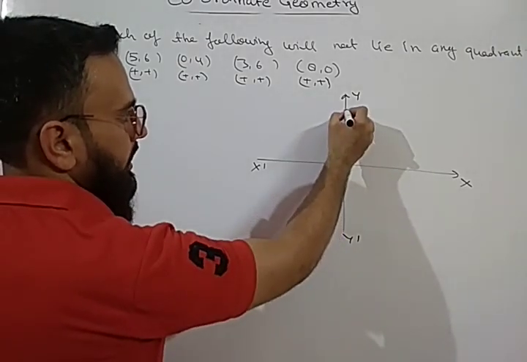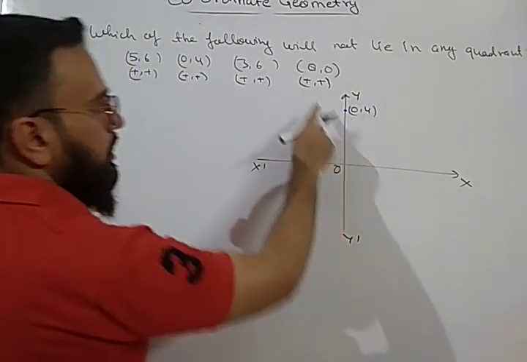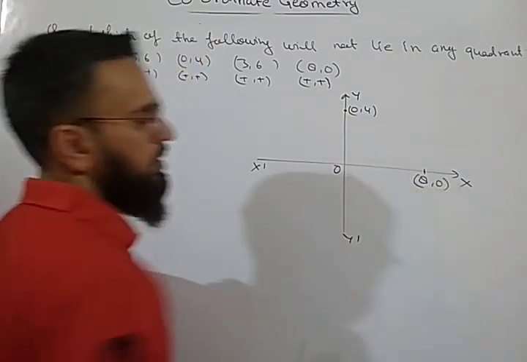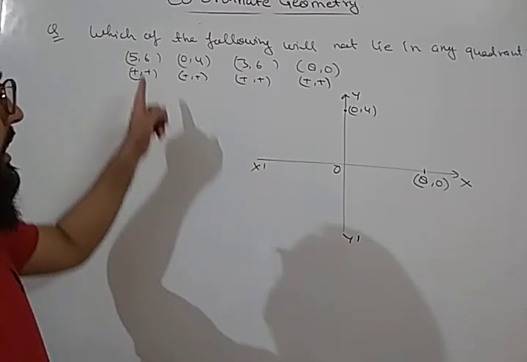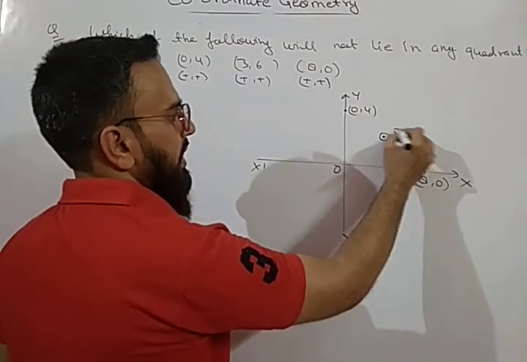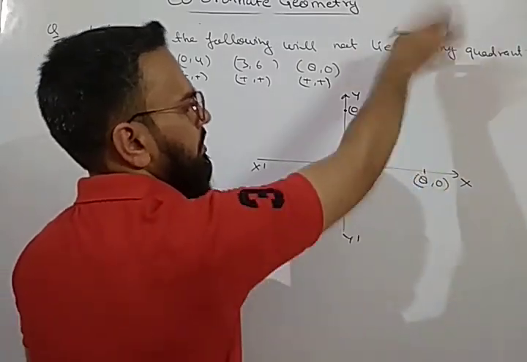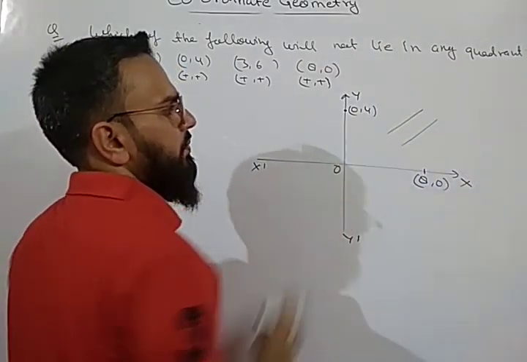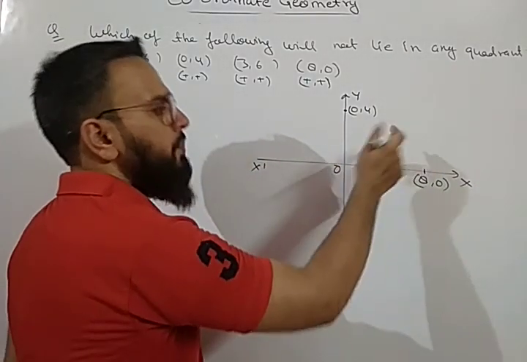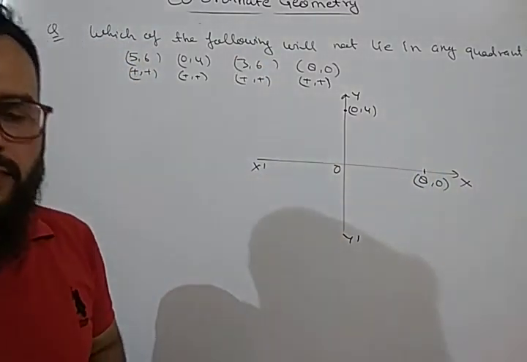Suppose this is our point (0, 4), and (8, 0) will be on the x-axis. Let us consider this point as (8, 0). And (5, 6) may be in this region, somewhere in this particular region. There will be (5, 6) and (3, 6), both in this particular region, that means in the first quadrant.